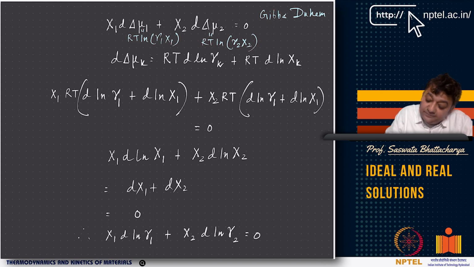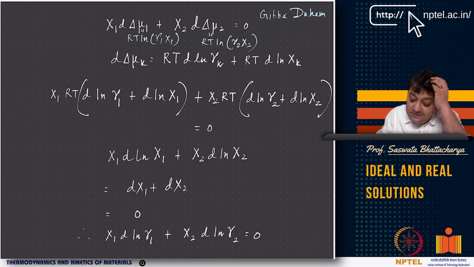So now you have x1 RT times d ln gamma 1 plus d ln x1, plus x2 times RT times d ln gamma 2 plus d ln x2, right? Because this is RT ln gamma 2 x2, right? This is Gibbs-Duhem.